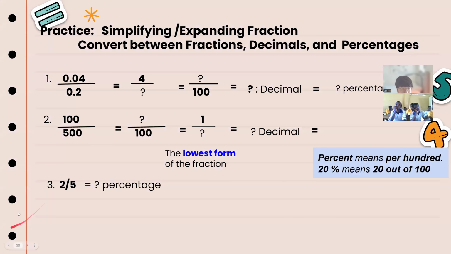So how do we get from 0.04 to 4? We multiply by what number, do you think? So what goes in here?